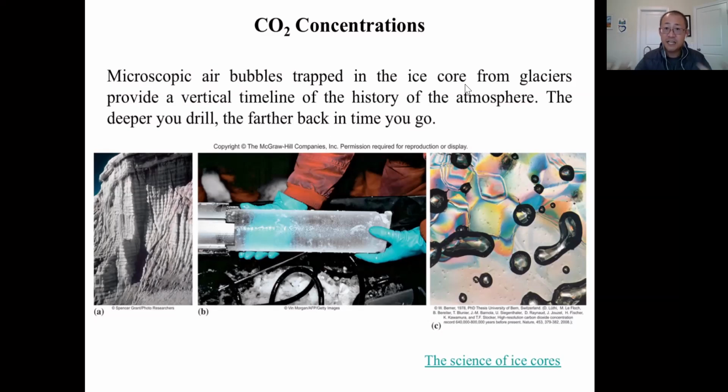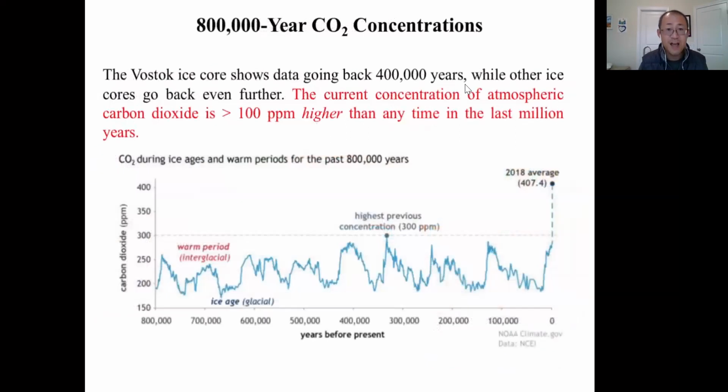So basically, if you know the age of the core or the age of the layer, you know when the air was trapped, and you know the concentration of the gas at that time point. The deeper you drill, of course, the further back in time. So with that technology, we can know the carbon dioxide concentration all the way dated to what?